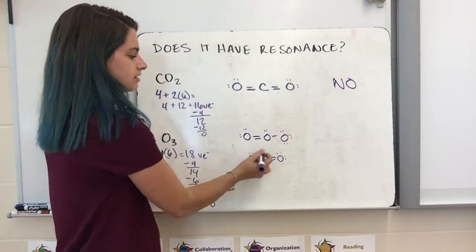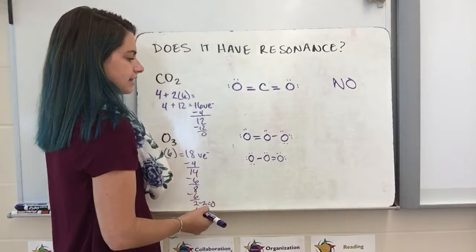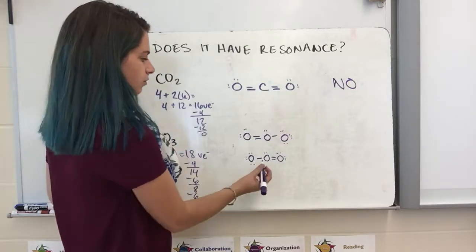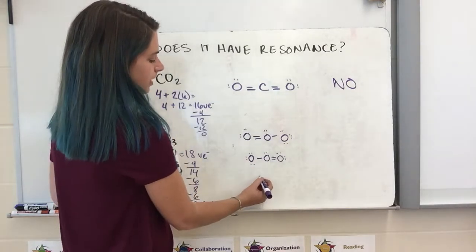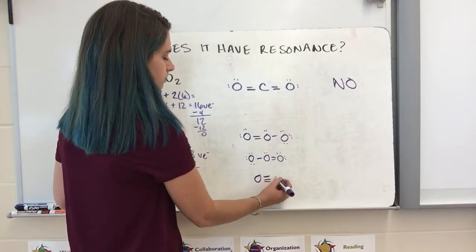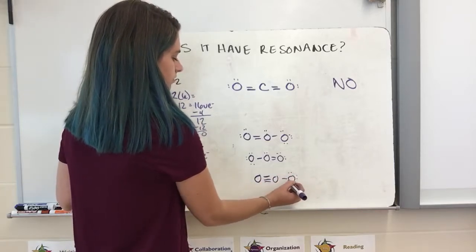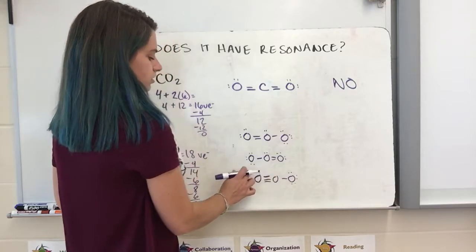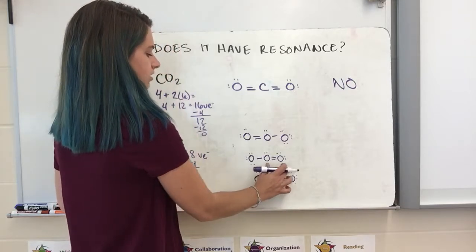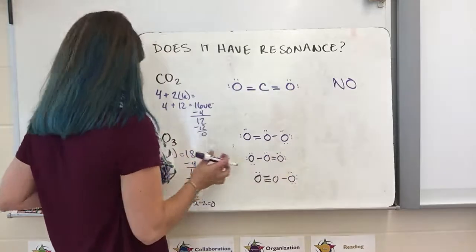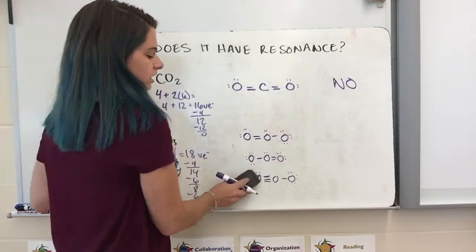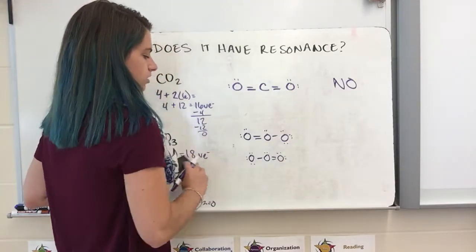Okay, if we're looking at this and we're trying to figure out if there's anything else, let's just play around. Let's see, what if we make one of these maybe a triple bond? Does that work? 2, 4, 6, 8, 10, 12, 14, 16. Nope, that only got me 16 electrons, so that doesn't work either. That's not a valid structure.